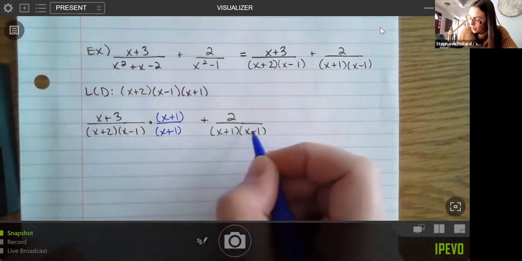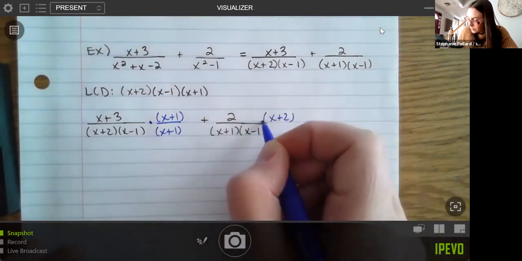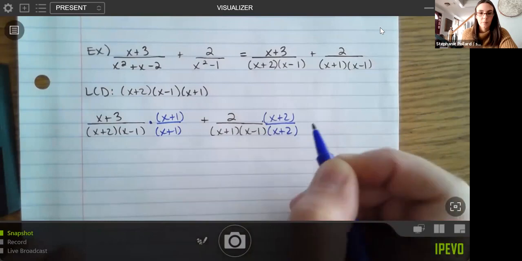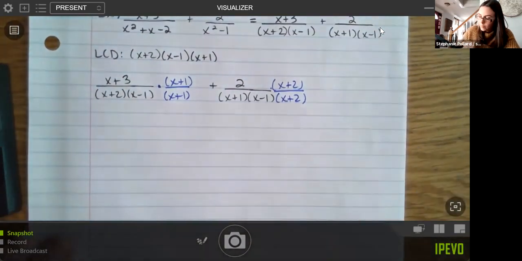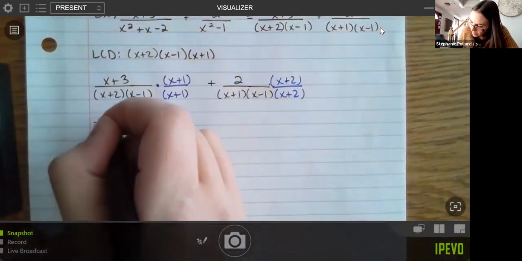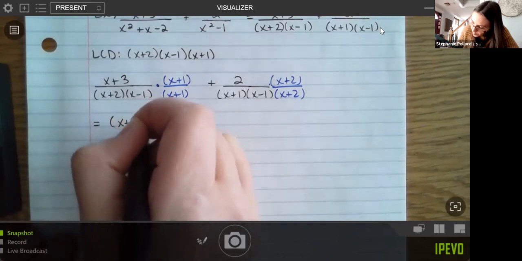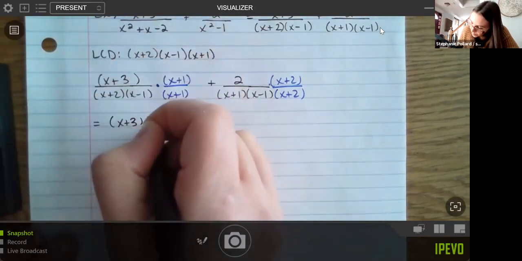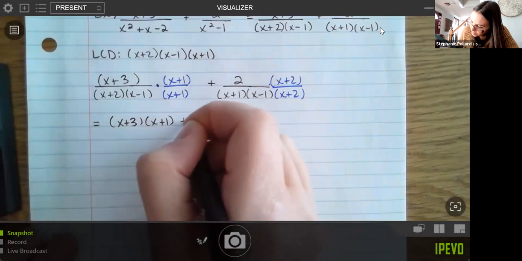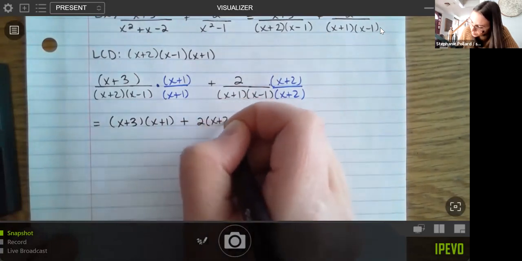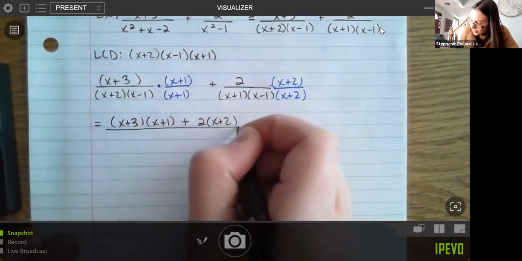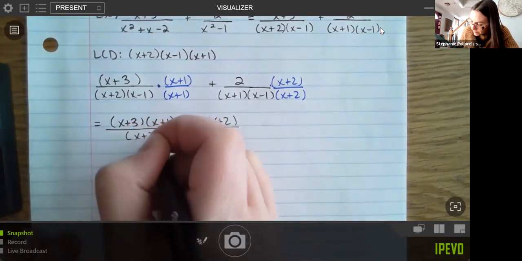For the second group, I'm missing the x plus 2. So what happens is I have x plus 3, so this would be together, times x plus 1. I'm going to add that to 2 times x plus 2, and the whole thing is over my LCD.